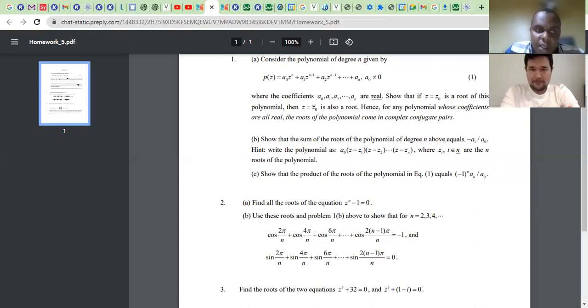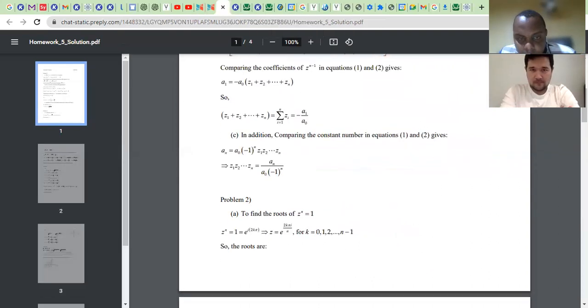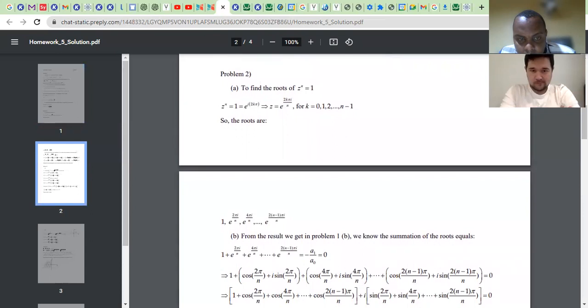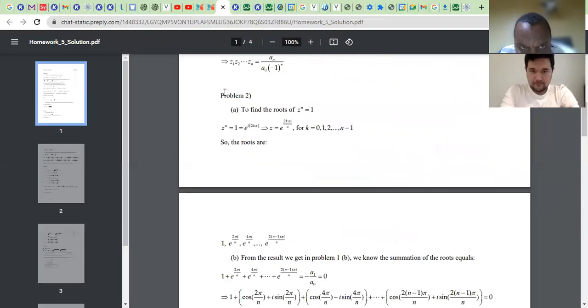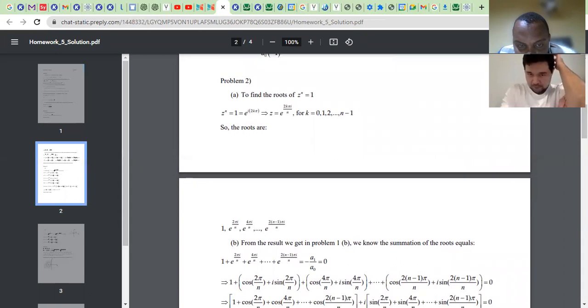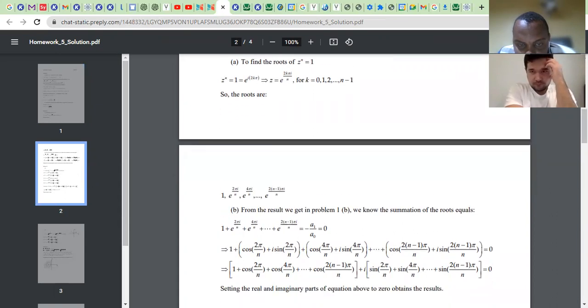So let's see how they did this. From the result we get in problem 1b, we know that the summation of all these roots is going to be -a1 over a.